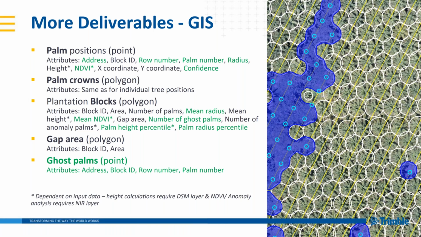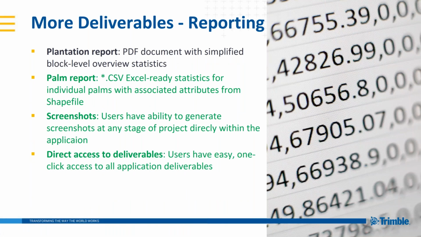Thank you very much. Okay. In terms of increasing our deliverables for reporting, we continue to offer the PDF report. We've simplified this and really concentrated on providing the statistics at a block level. So you have overview statistics available in the PDF report. We've now added a palm report.